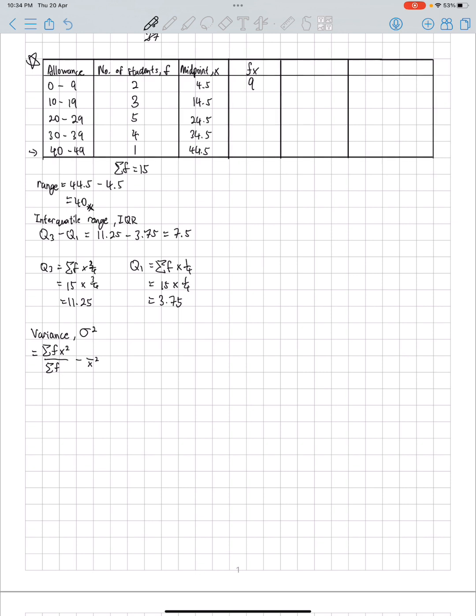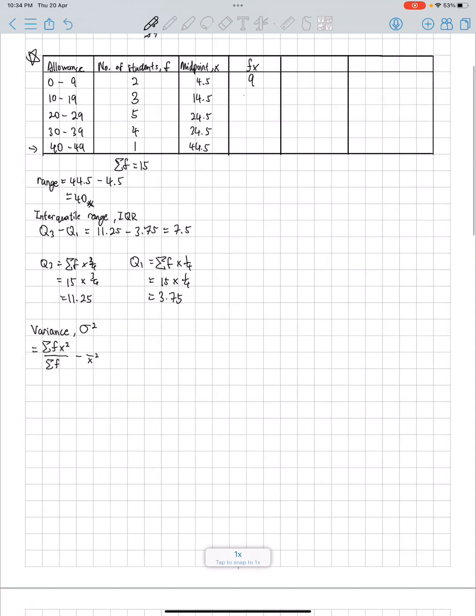The second row will be 14.5 times 3 equals 43.5, and the list goes on. The next ones will be 122.5, 138 and 44.5.